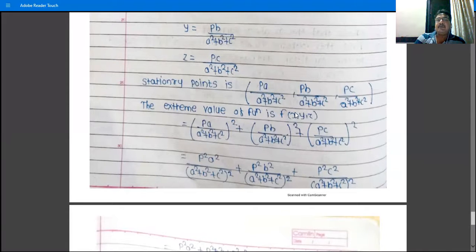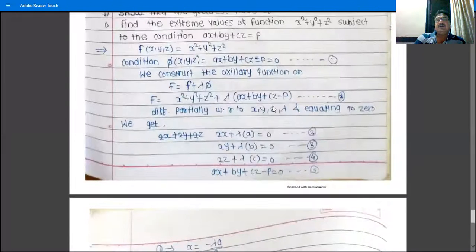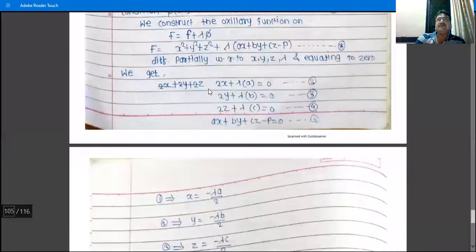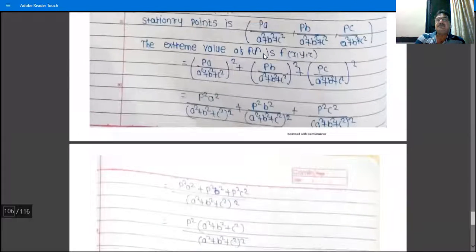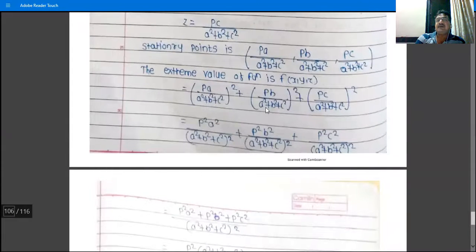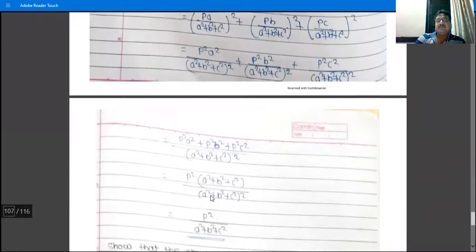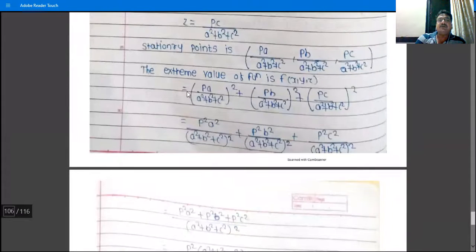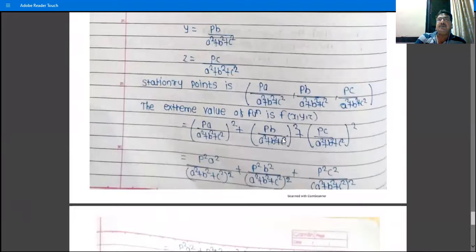So the extreme value of f(x, y, z) is obtained by substituting into the function. f(x, y, z) is x square plus y square plus z square. Substitute x, y and z with these values, and we have p square divided by a square plus b square plus c square as the extreme value of the function. What is the meaning of this extreme value? Extreme value means either the maximum value or the minimum value.